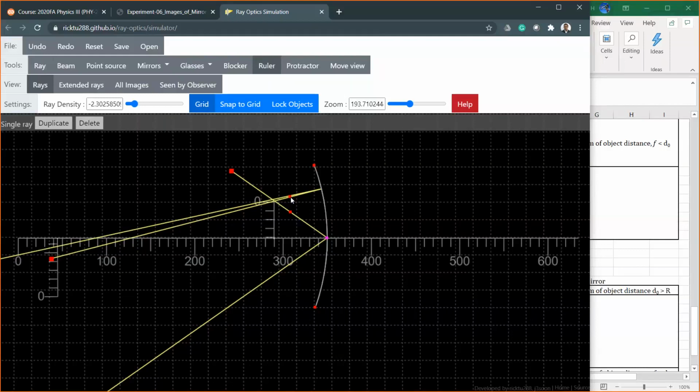If this is exactly the center of curvature point, then that ray should be reflected back on itself. You can see I can identify the center of curvature point by just changing this ray. If I change the ray until the reflected ray goes on top of itself, that should be the center of curvature point. Question. Everybody okay with that?